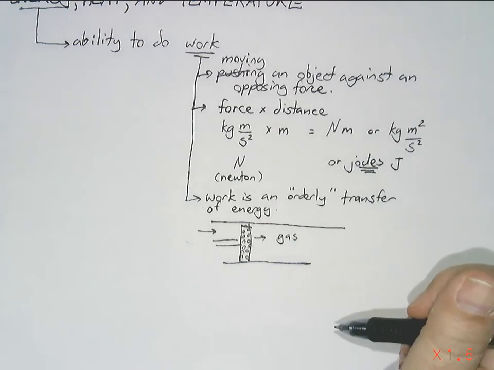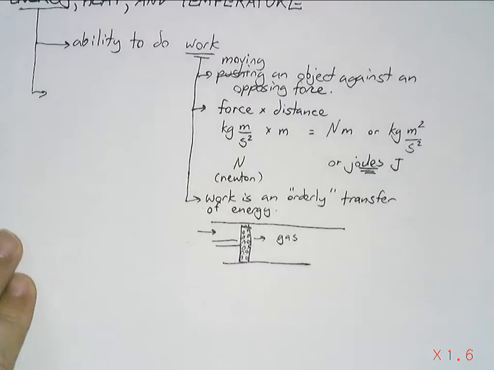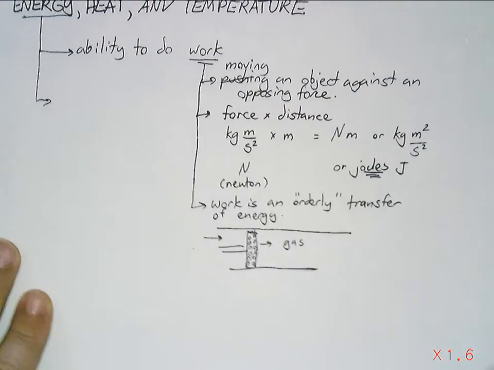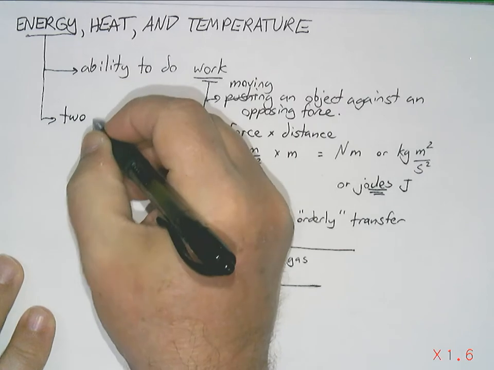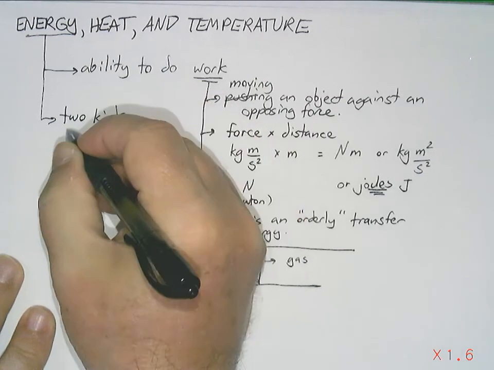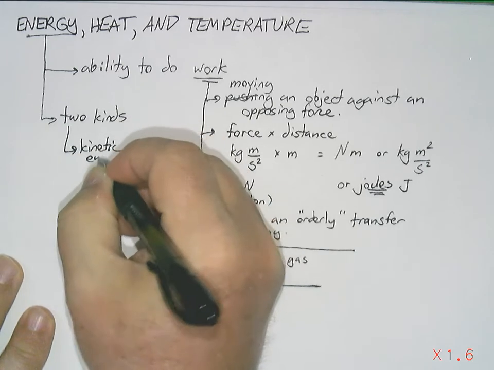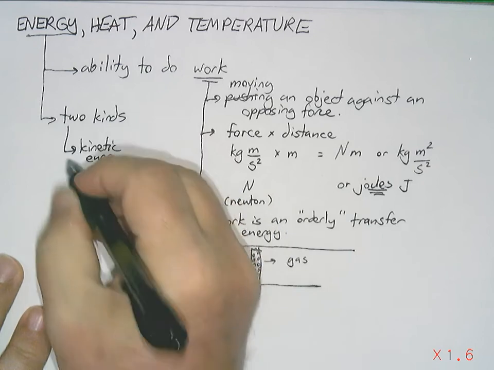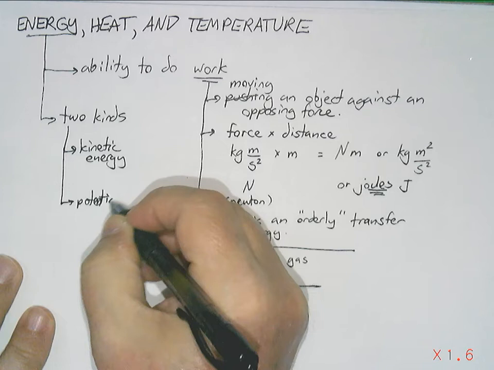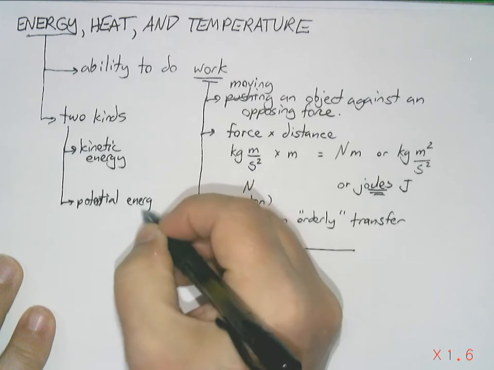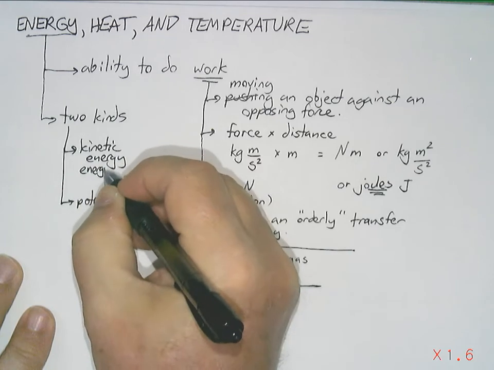Now, to really understand what's going on here, we have to look at the kinds of energy that we've got. There are really two kinds, and we've already talked about this too. There's kinetic energy, and there's potential energy. Kinetic energy is energy of motion.